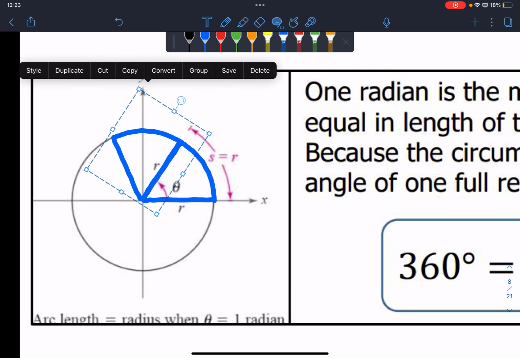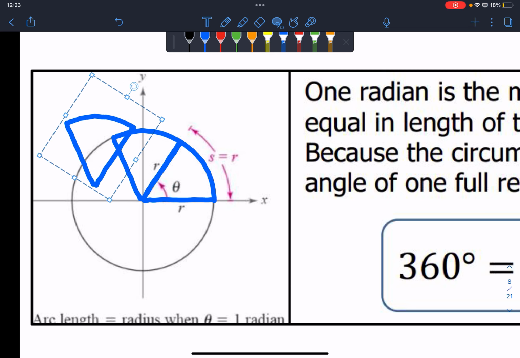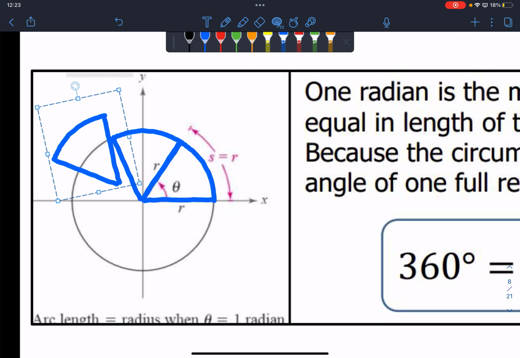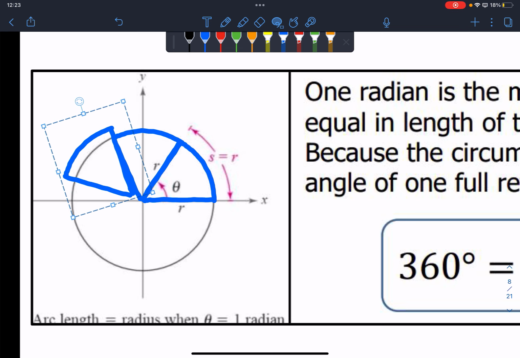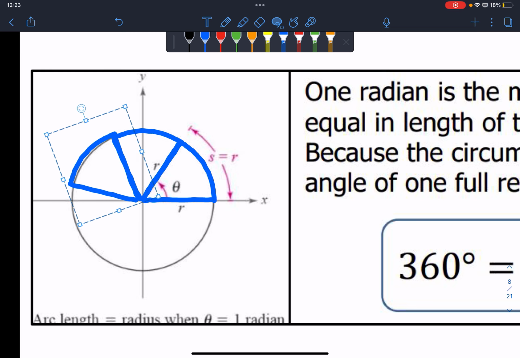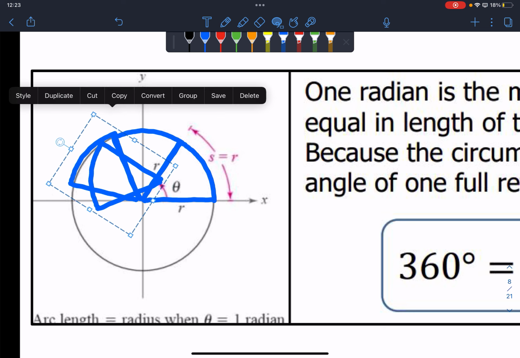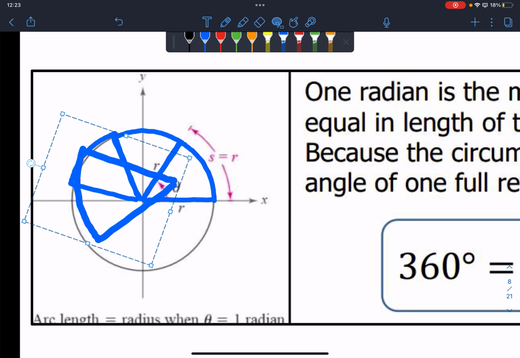Right there. Let's duplicate it one more time and rotate it one more time. And rotate it. And let's duplicate it one last time and rotate it.